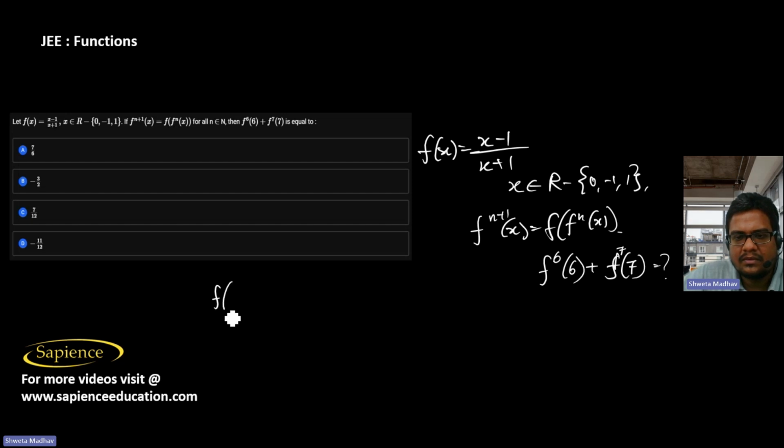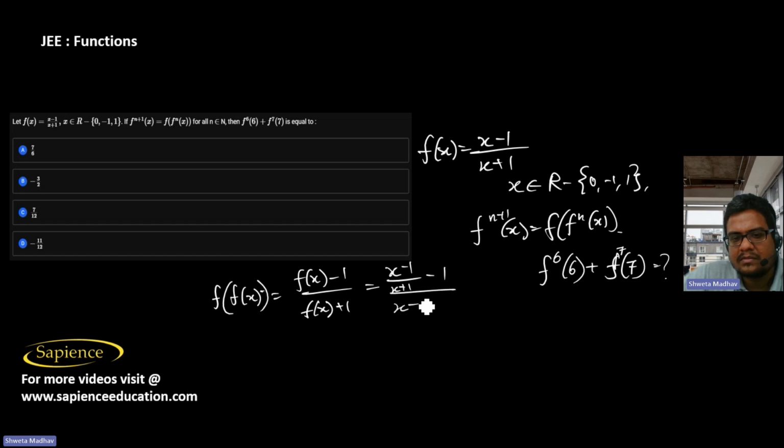Okay, so now f2 of x will be how much? That will be equal to f of x minus 1 by f of x plus 1. So that will be x minus 1 by x plus 1 minus 1, by x minus 1 by x plus 1 plus 1. So this will be x minus 1 minus x minus 1 divided by x minus 1 plus x plus 1.